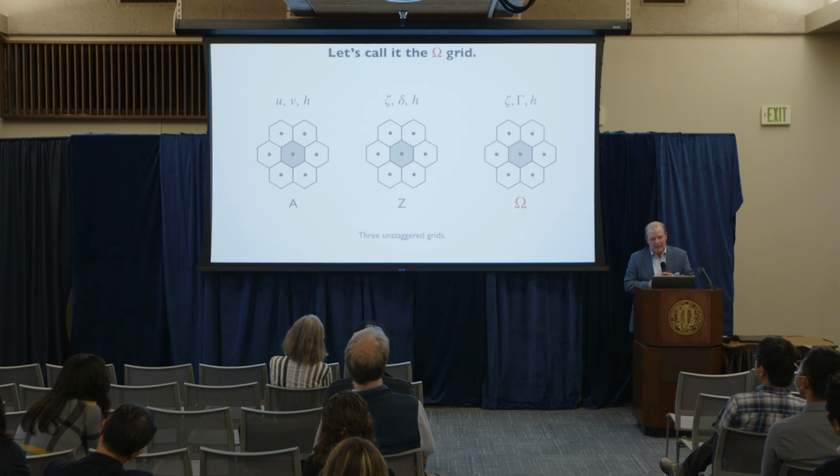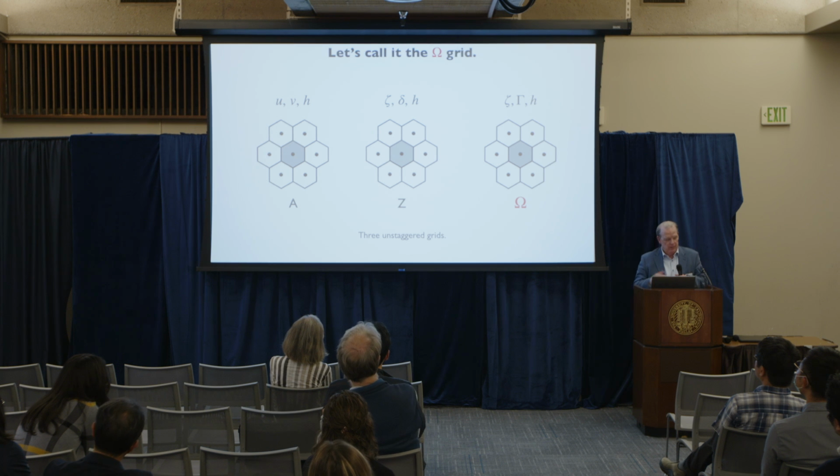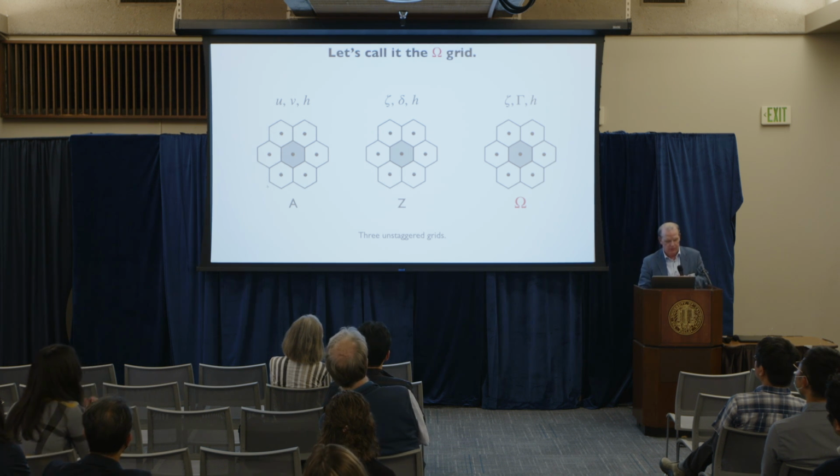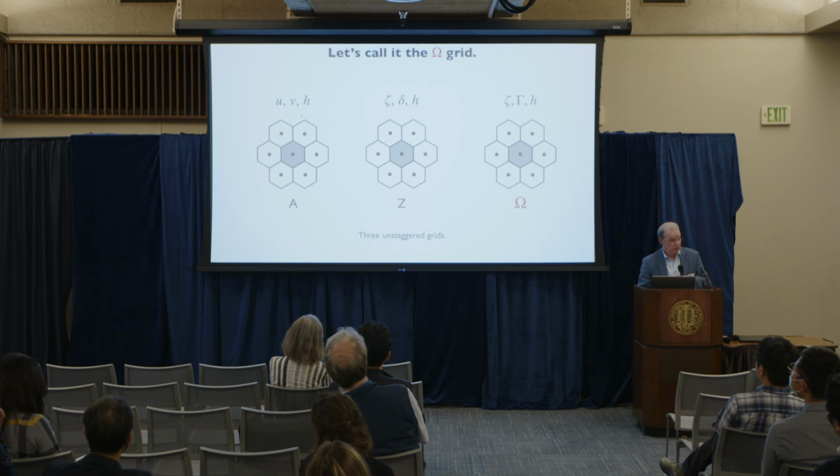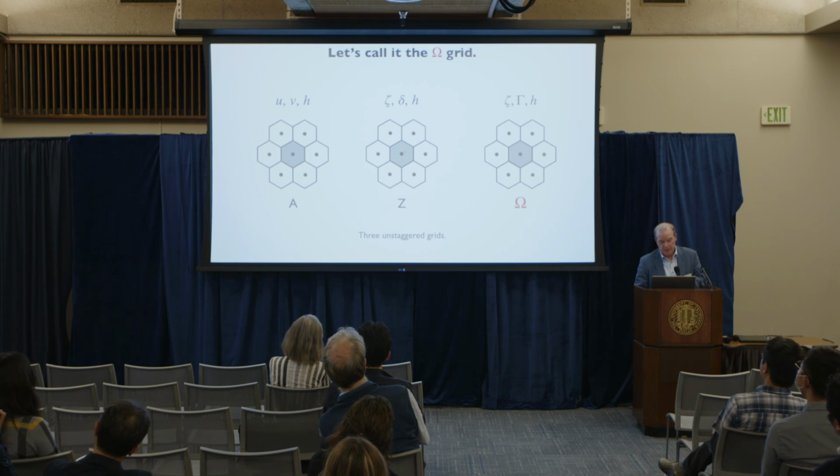And so it's a different grid. I didn't actually mention the A grid earlier, but the A grid has the two horizontal wind components and the mass on an unstaggered grid. So they're all defined at the centers of these cells. The Z grid, I did explain: zeta, delta, and H, unstaggered, all at the center of the cells.